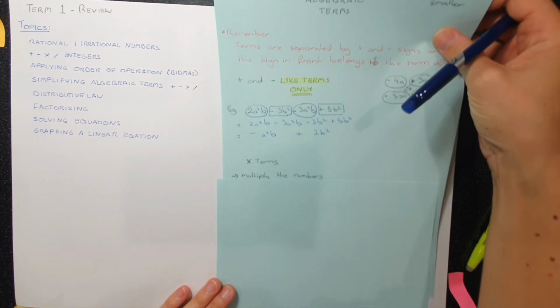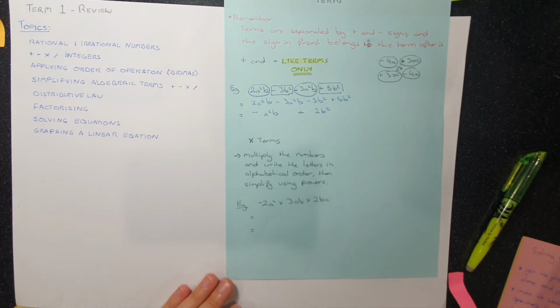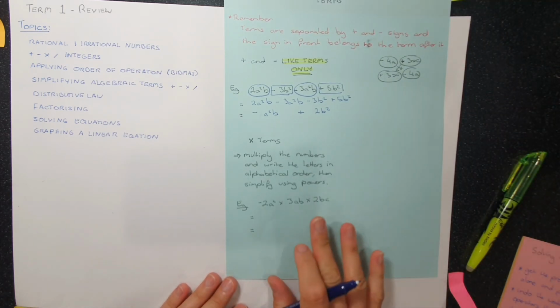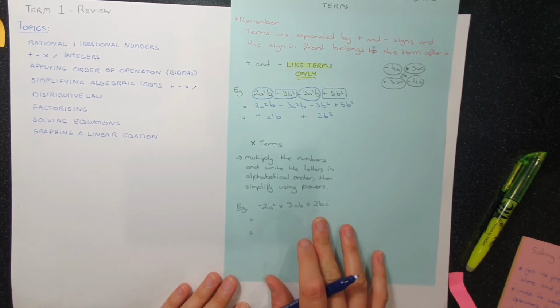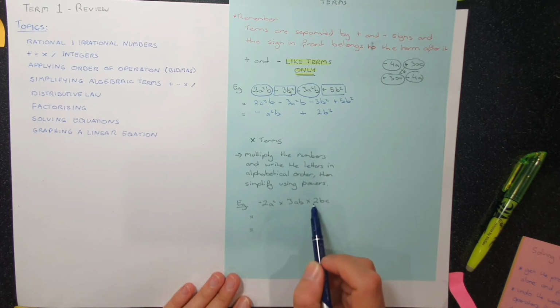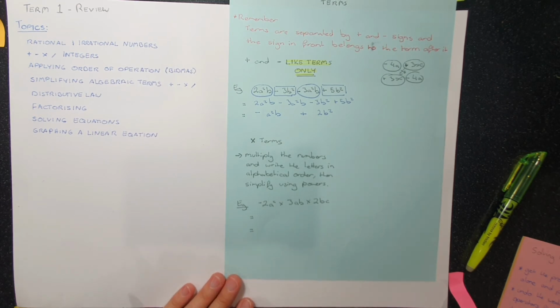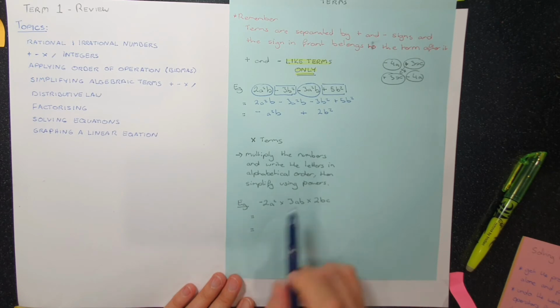Let's have a look at multiplying. Multiplying algebraic terms is probably the easiest one out of all of them. When we do this, we follow some very simple rules. We multiply all of our numbers as we normally would. We write our letters out in alphabetical order, and then we simplify them using powers.